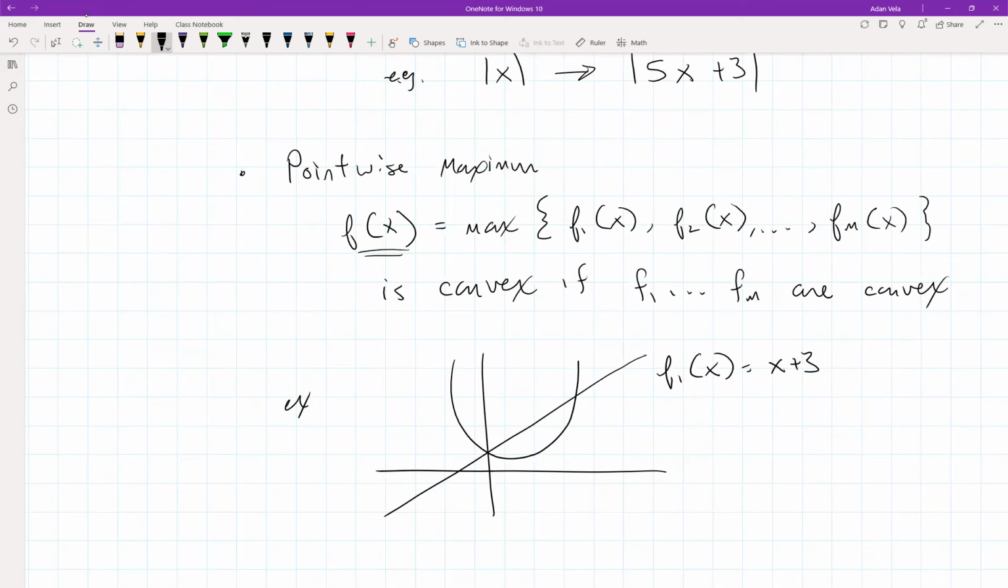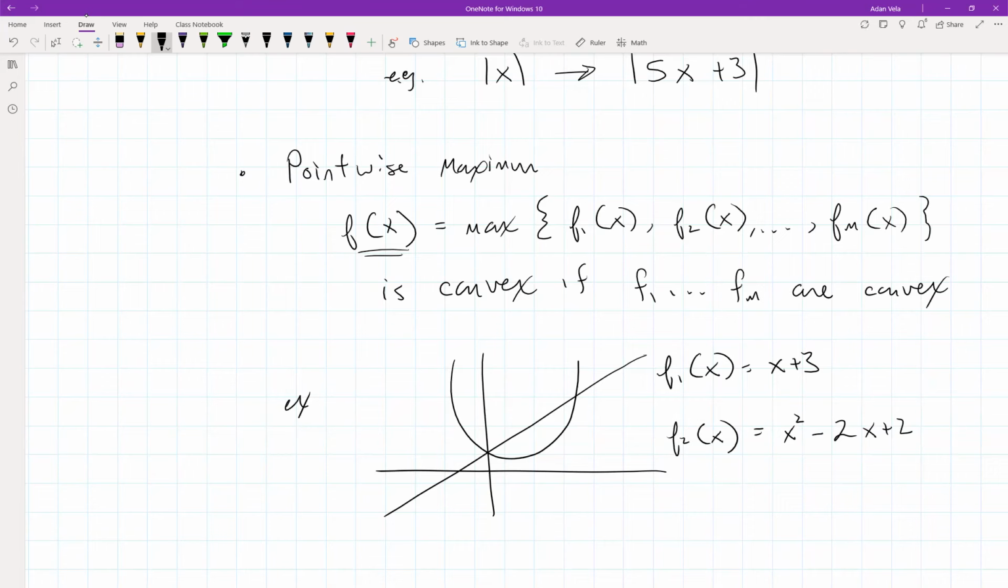And I told you at the beginning of the lecture, this is a convex function, right? It's linear. The other one, f2 of x, is equal to x squared minus 2x plus 2. And through the second derivative test, we know this function is convex.